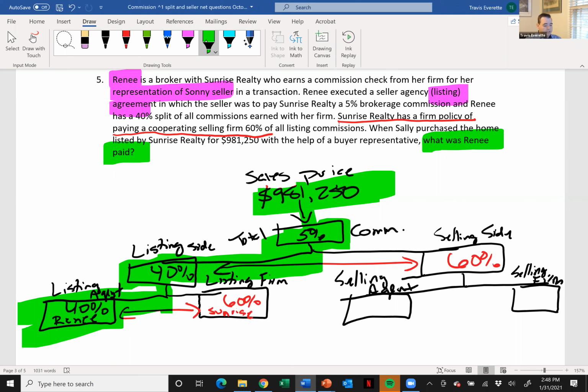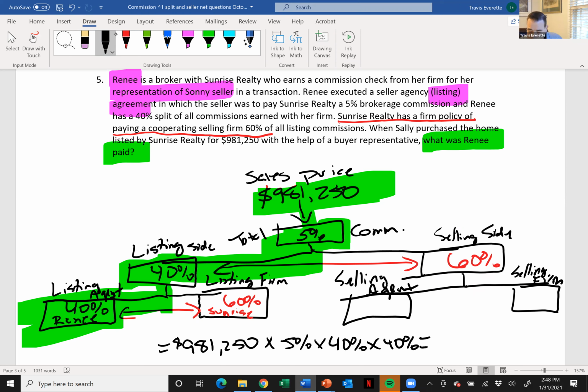All three of those to get to Renee. So here's what my math is going to look like in my calculator. I'm going to type in 981,250 times 5% times 40% times 40%.